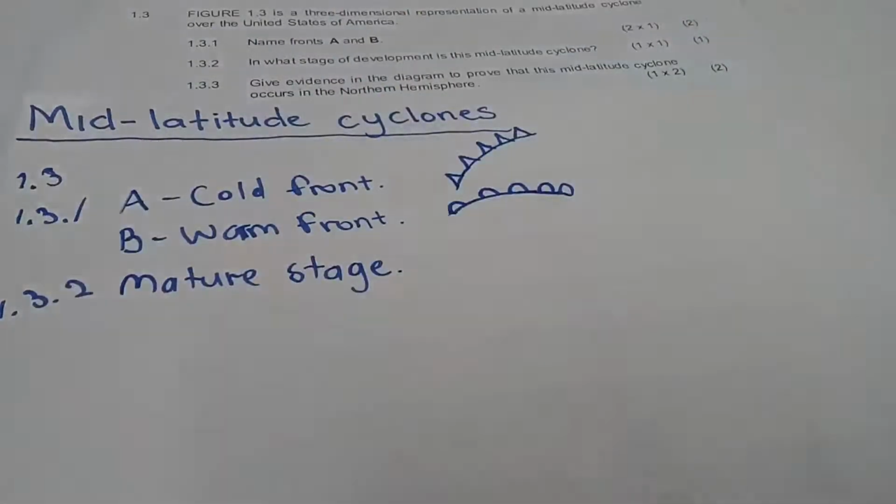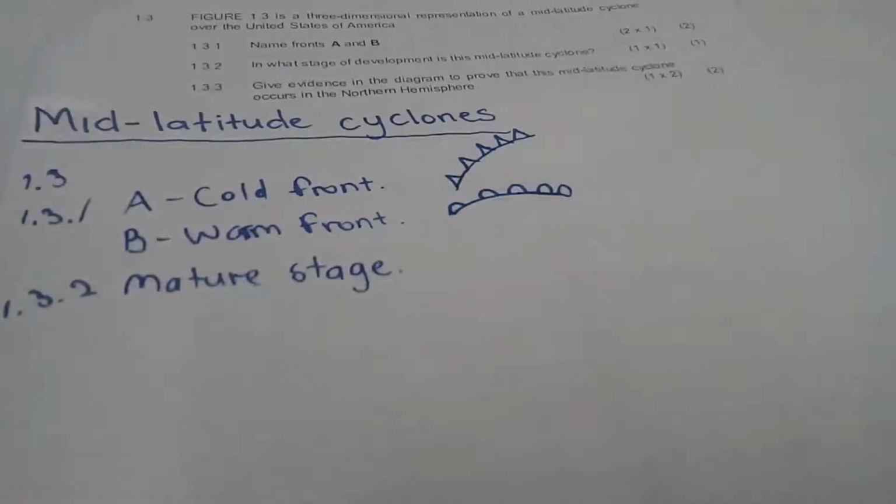Mid-latitude cyclones move from west to east. This is the reason why I'm saying it's the mature stage. You can see the arrows, the cyclone is moving. In the southern hemisphere it moves in a clockwise direction, and in the northern hemisphere anti-clockwise. So that's why I'm saying it's the mature stage.